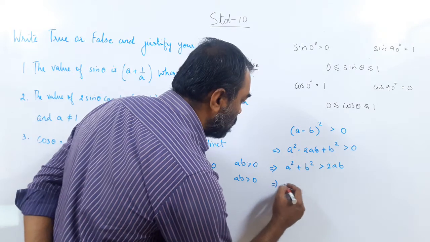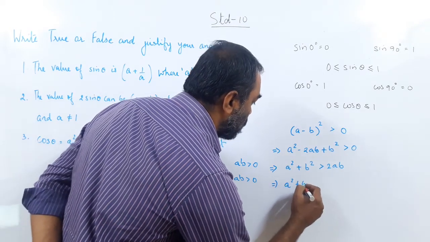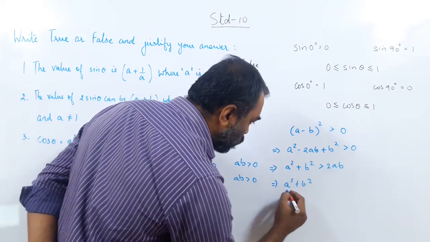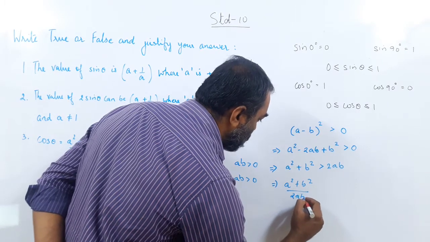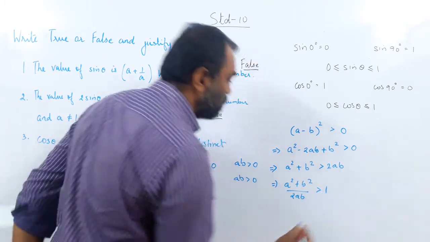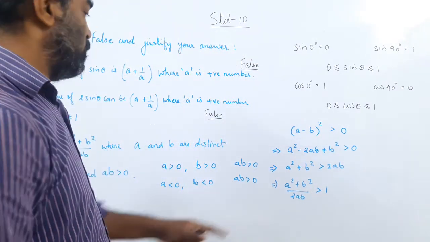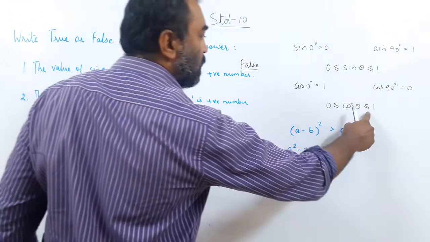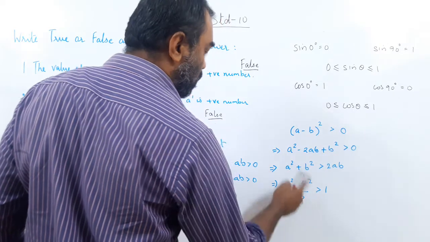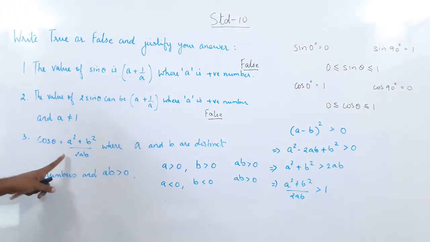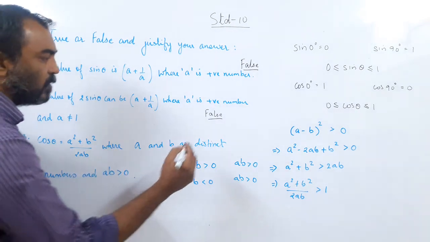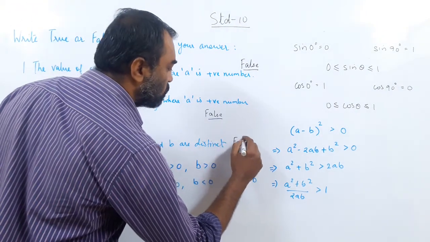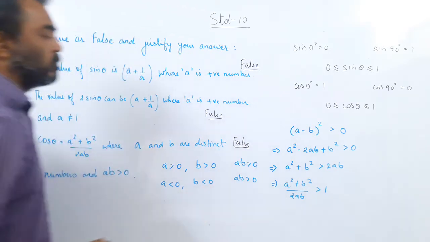And this would mean (a square plus b square) upon 2ab is greater than 1. But cos theta can never be greater than 1. You can see, it can never be greater than 1, and this value is greater than 1. So cos theta can never have this value. Hence, this statement is also false.